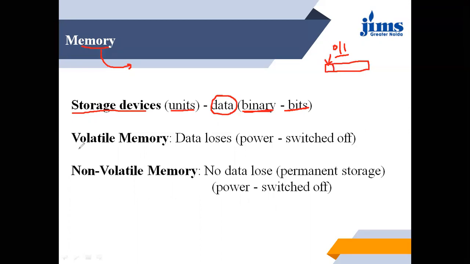The memory is of two types: volatile memory and non-volatile memory. It happens in our system that when we switch off our computer, some data is lost, because that data is used temporarily.